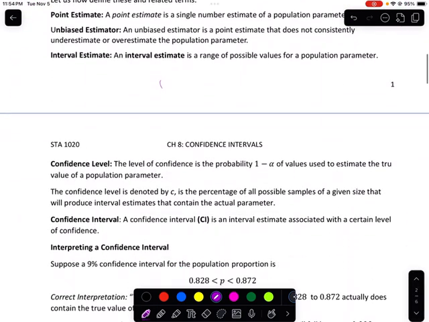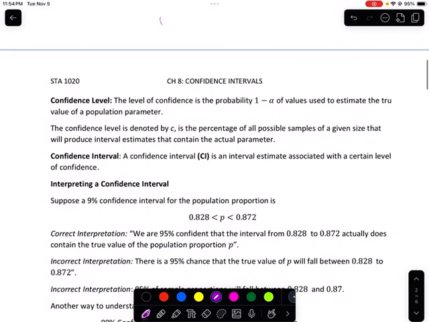So going on, what is confidence level? Confidence level is actually the probability 1 minus alpha of values that are used to estimate the true value of a population parameter. Now the confidence level is denoted by C and can also be thought of as the percentage of all possible samples of a given size that will produce interval estimates that contain the actual parameter.